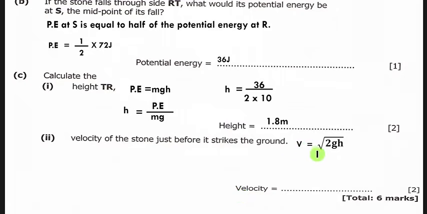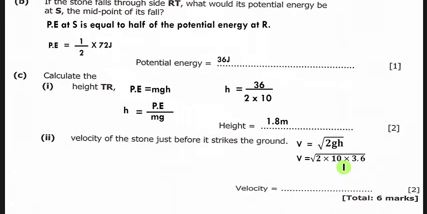Velocity is equal to the square root of 2 times gravity times height. So we are going to say it is equal to 2 times the acceleration due to gravity, 10, times height, which is 3.6.